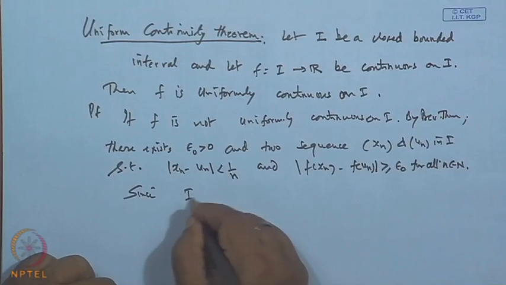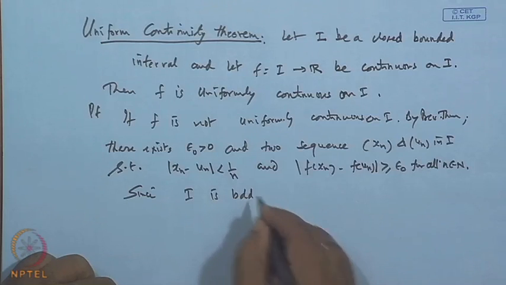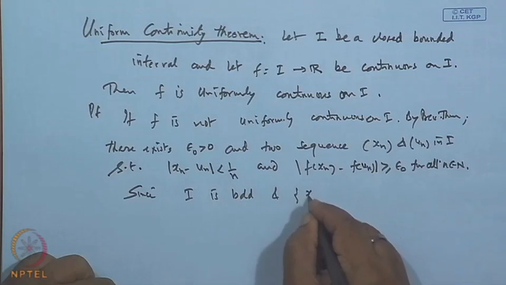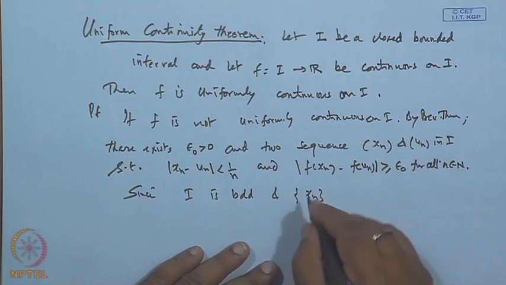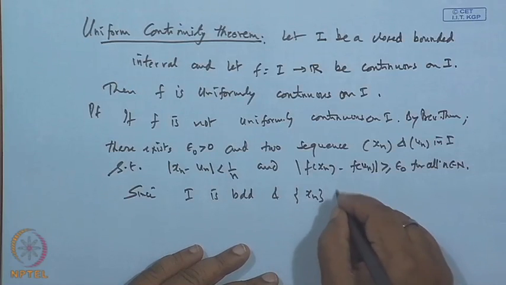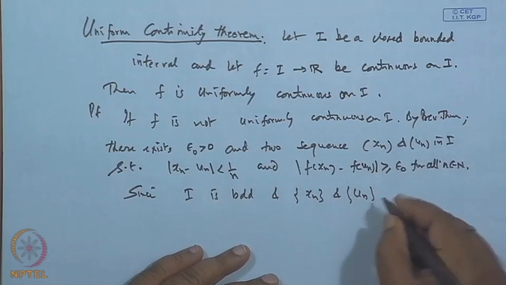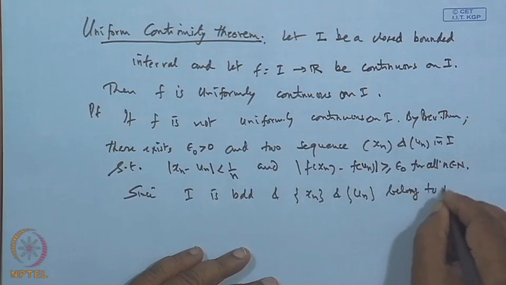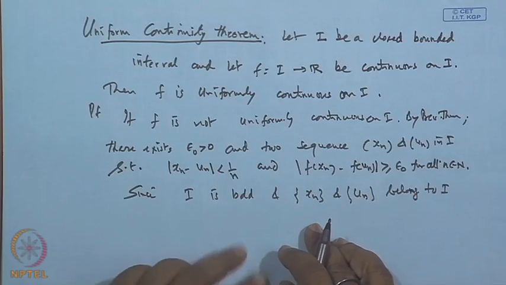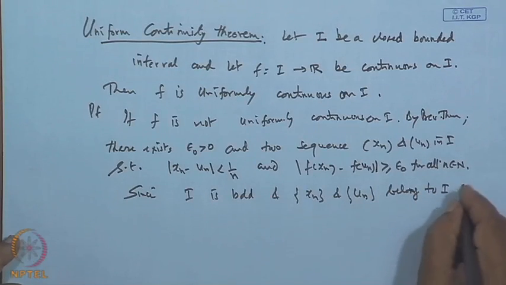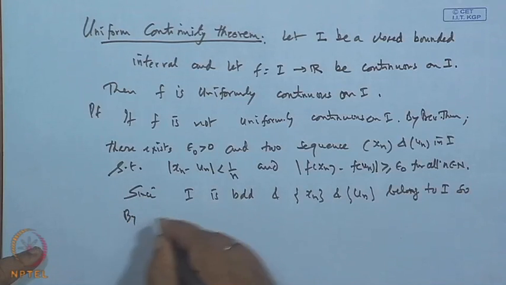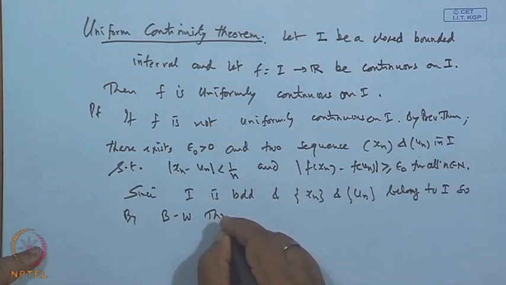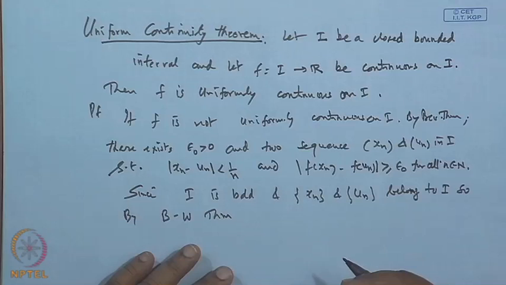Now, since I is bounded and the sequences x n and u n both belong to I, by the Bolzano-Weierstrass theorem, every bounded sequence has a convergent subsequence.